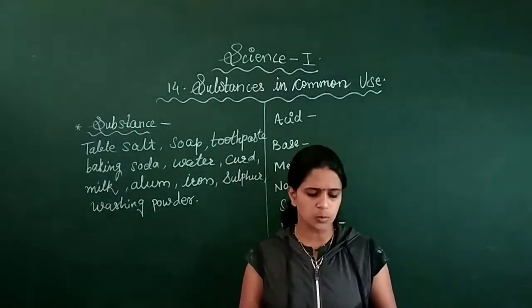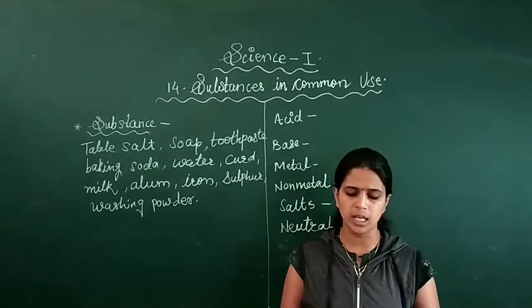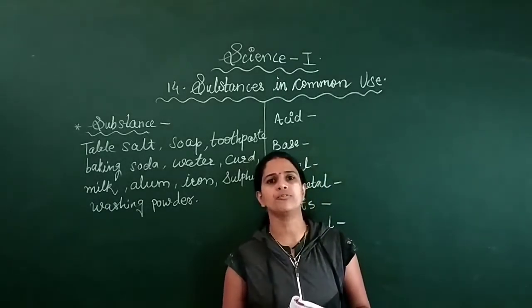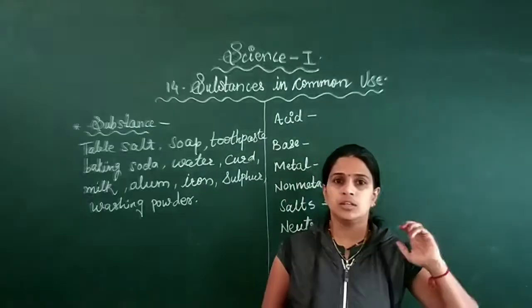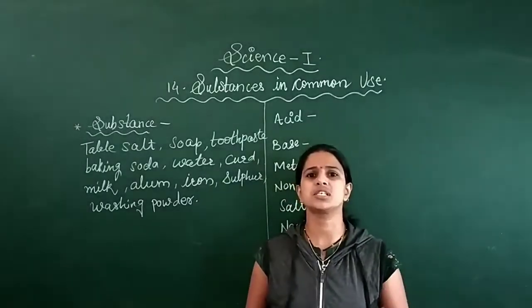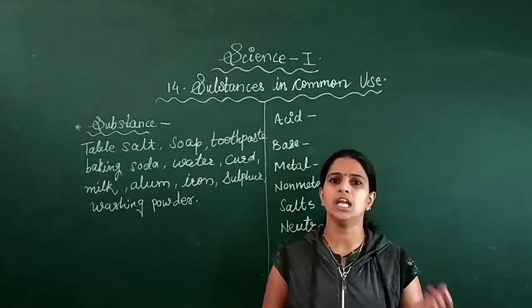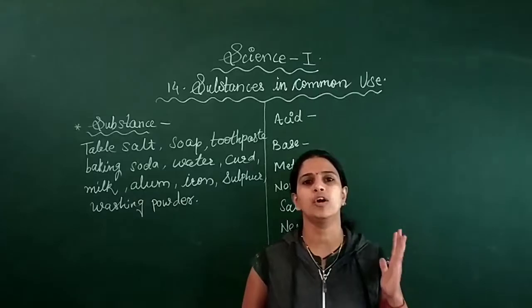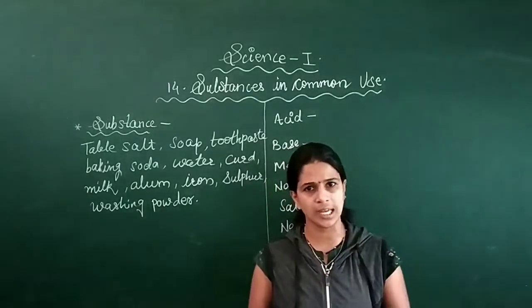Now the second question: how are the various substances in day-to-day use classified from the scientific point of view? Scientifically, we classify these substances into three parts, that is acid, base and neutral. We already studied last year what is the meaning of acid, base and neutral.